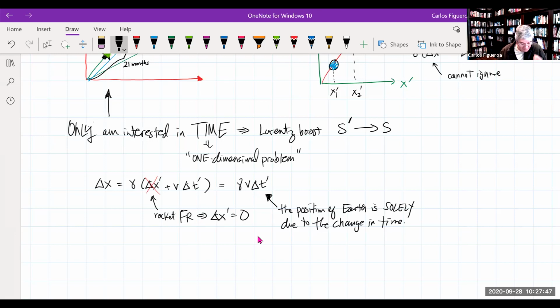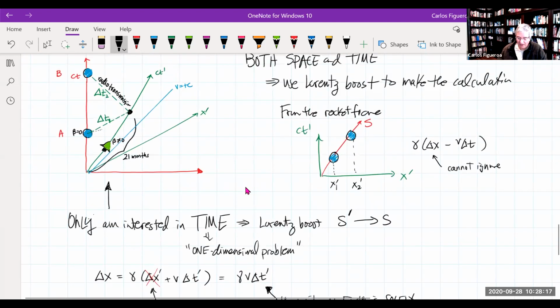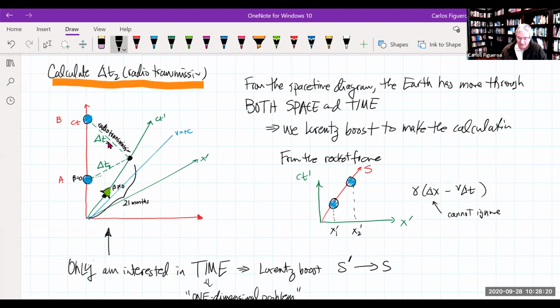So if that's the case, then I could go in and calculate what that is here. And in this scenario, oh damn, I screwed up. I screwed up big time here. Let me tell you why I screwed up. I kept thinking about the signal, the radio transmission.